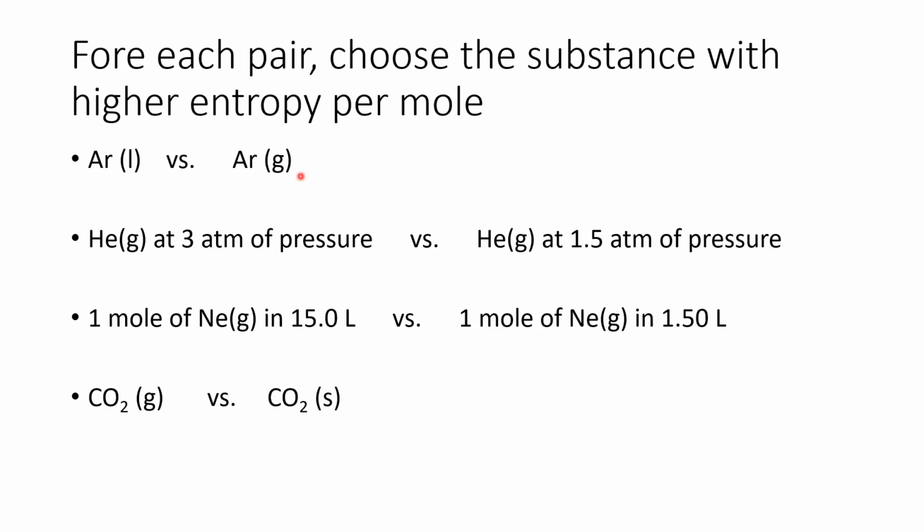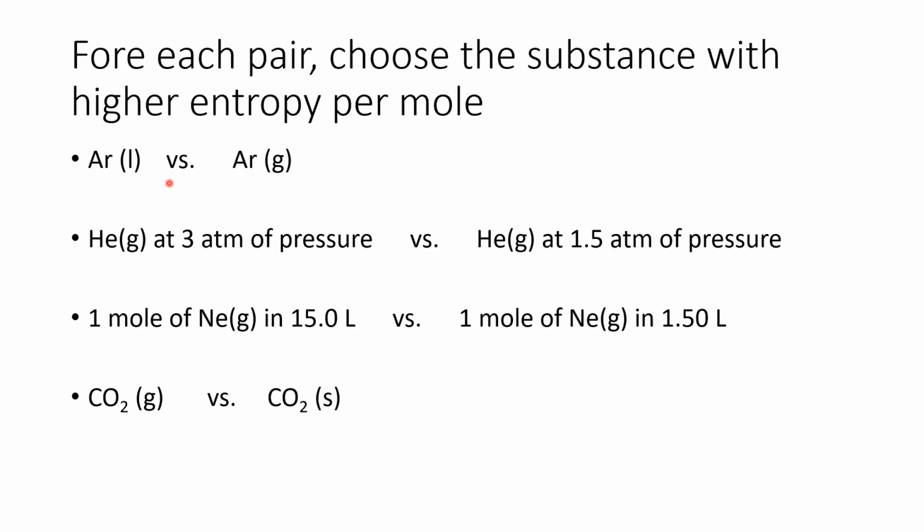So if we just go through these one by one, in the first one, we've got both of these are argon. And since it's just going to be an atom of argon, we won't see rotational or vibrational movement here. So the only thing contributing to the entropy is just going to be the translational motion.